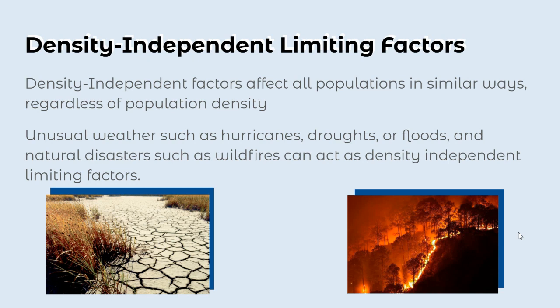Same with wildfires. It doesn't matter if there's a high population or a low population. If you get stuck in a wildfire, that population is going to get hit regardless. So those are density independent limiting factors. They're relatively shorter than the density dependent factors, but they are still very important and can still have insane effects on populations.